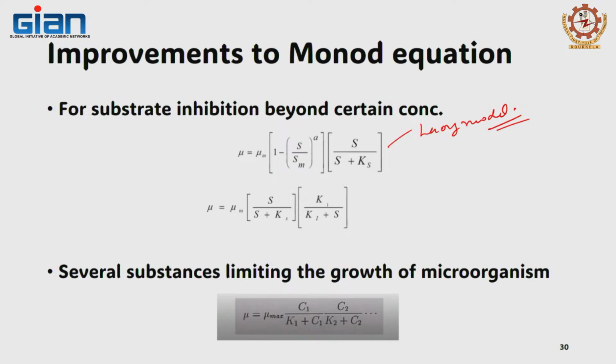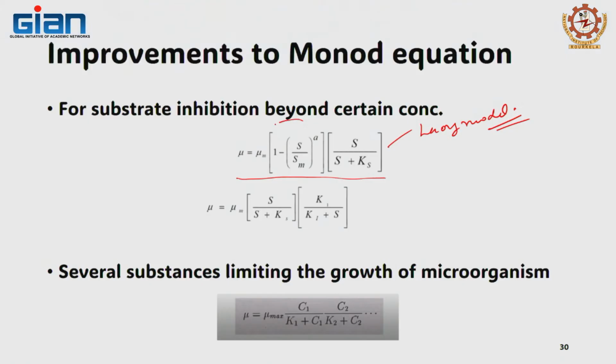If the substrate is the one which is inhibiting the cell growth itself, how do you represent that? You will be representing it with this equation. It's an upgraded version of your Monod's model, and this is the only part which has been added, because your mu is equal to mu max S over K S plus S, right? That is what your Monod's model is.